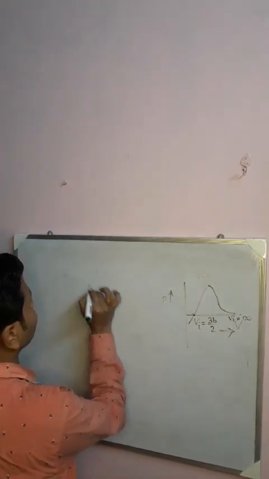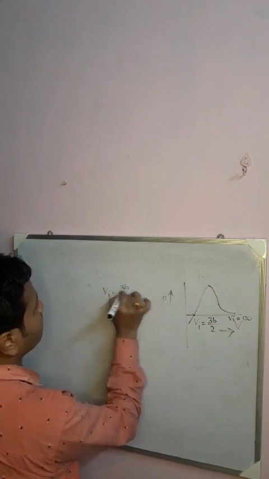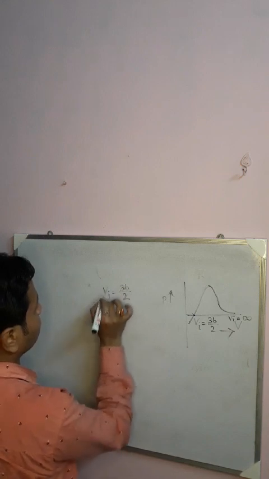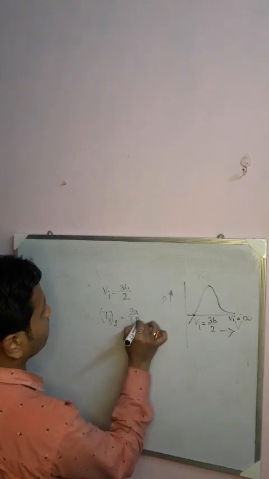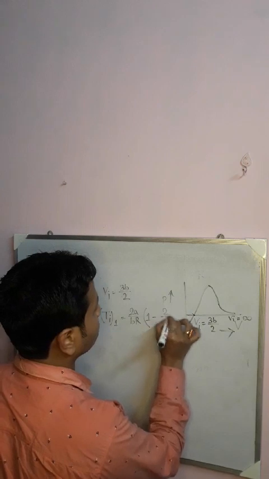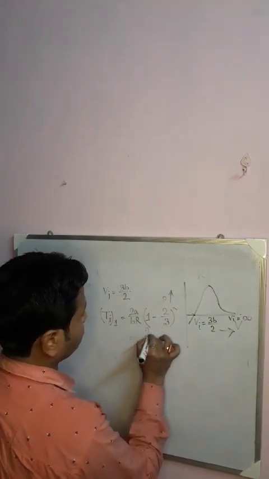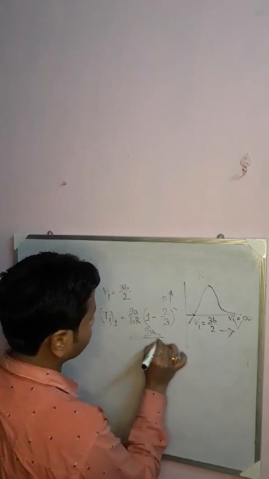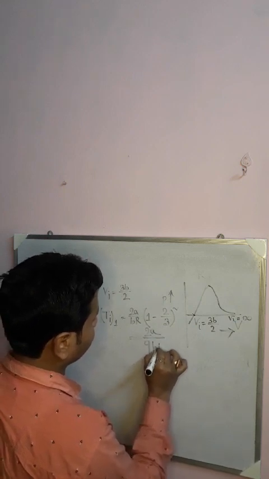So let's check. When we take Vi as 3b by 2, what will be the value of the inversion temperature? Say Ti1, that is 2a upon Br into 1 minus B by Vi, that means 2/3, whole square. This is simply 1/9, that means 2a upon 9 Br.